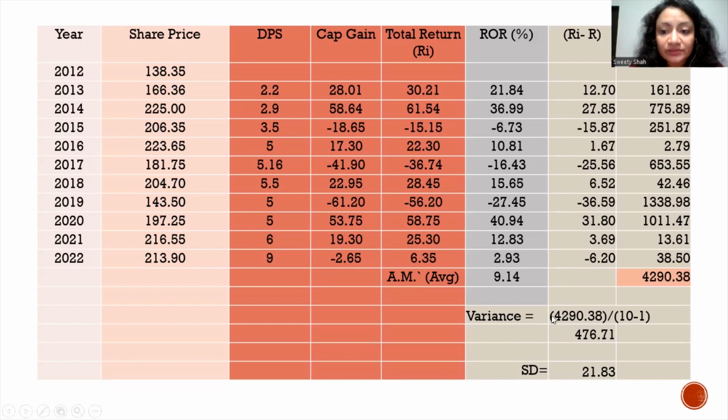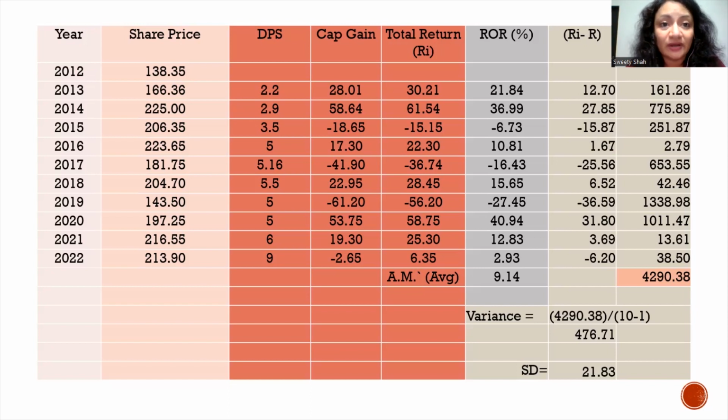So this is how the risk of a security can be calculated with the help of the statistical tool, standard deviation. In this lecture, we covered how to calculate the historical or single period return with the help of current return calculation and capital return calculation.